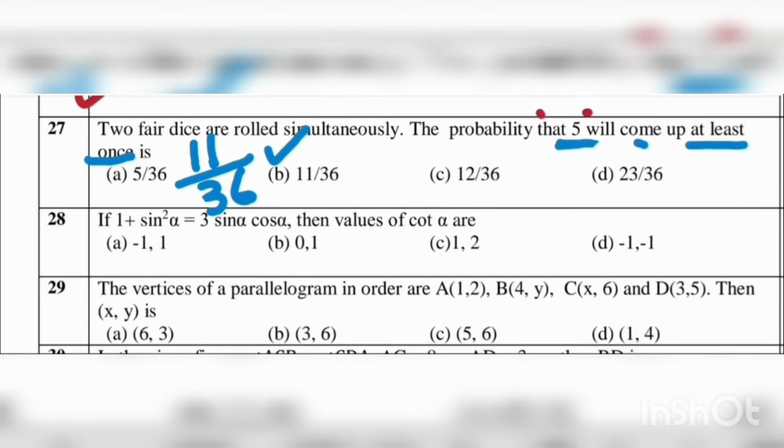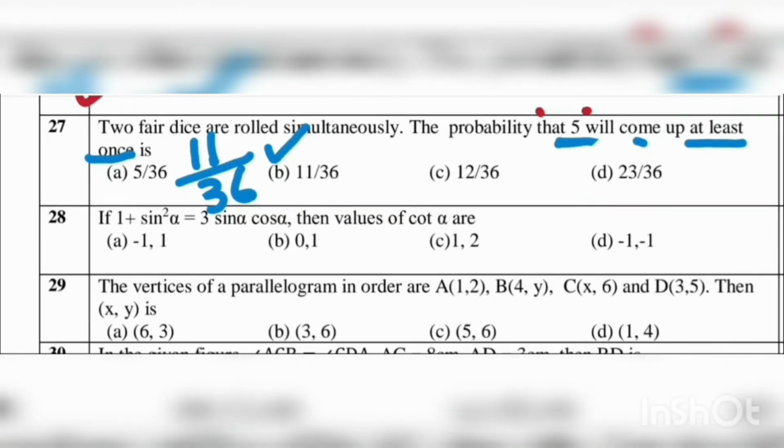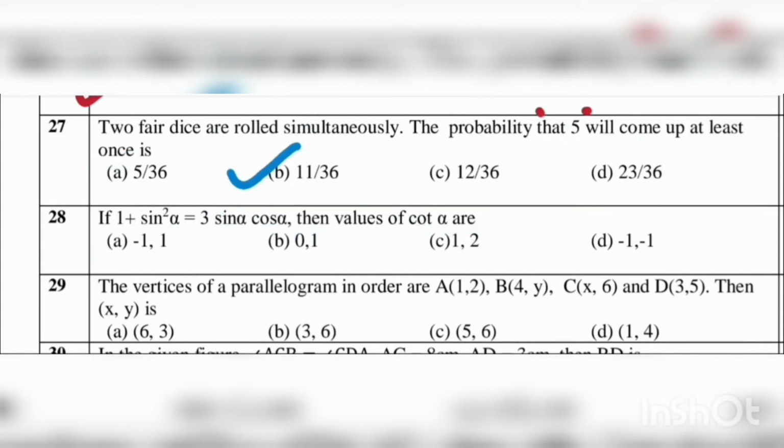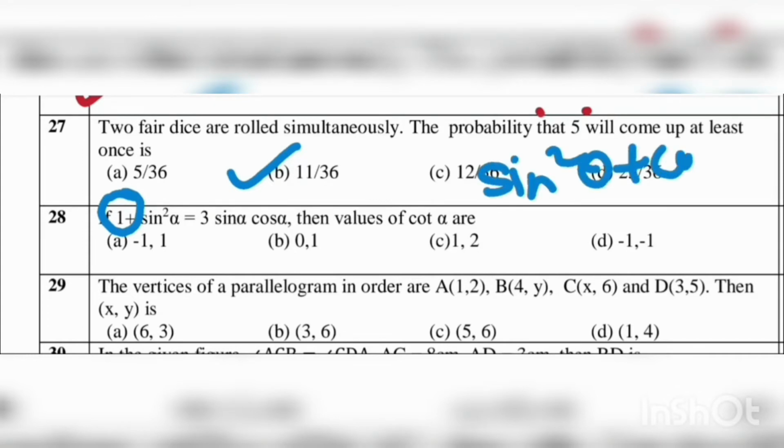If 1 plus sine square alpha equals 3 sine alpha cos alpha, then the value of cot alpha. Now what should be the value of cot? Now we have 1 plus sine square alpha equals 3 sine alpha cos alpha. We know from the identity sine square theta plus cos square theta equals 1, so using this, we can replace this 1.